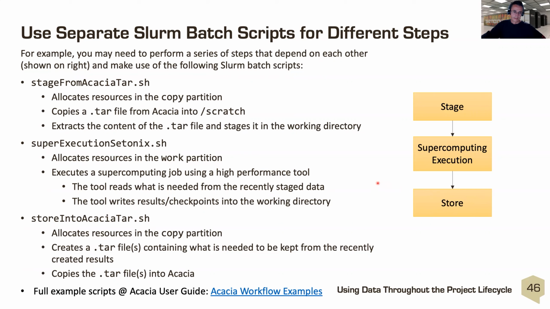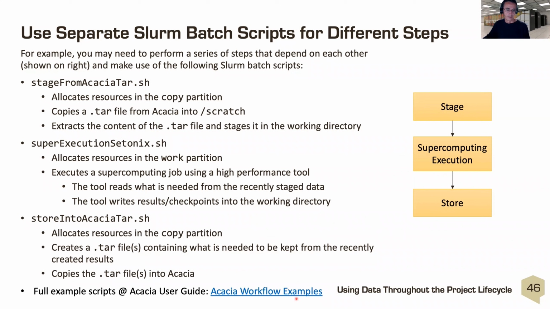So in this example, we are going to chain these 3 steps: staging something from Acacia, executing a supercomputing job, and then storing the results into Acacia. As I said, these 3 steps can be done separately, each of them.